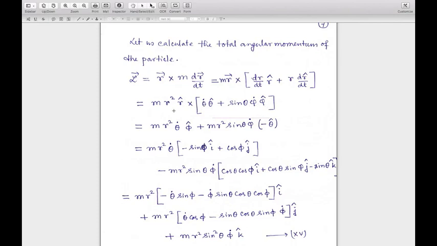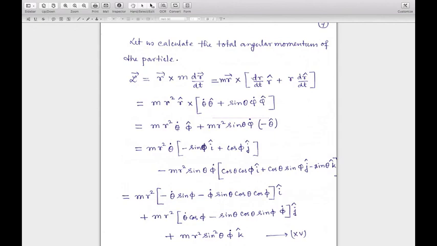Again, using the multiplication rule for the orthogonal coordinate system in the order r, theta, phi, as you all know, r cross theta will be phi cap, theta cap cross phi cap will be r cap, and phi cap cross r cap will be theta cap.